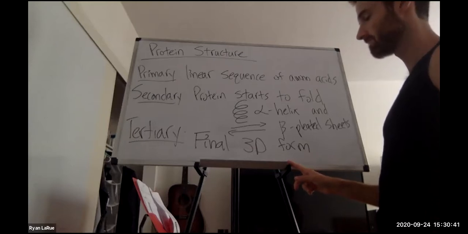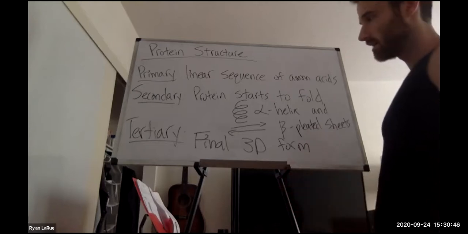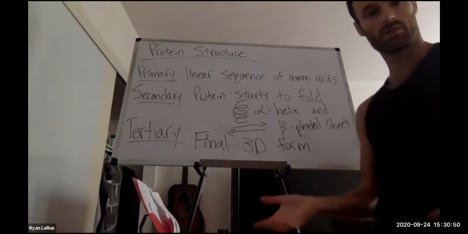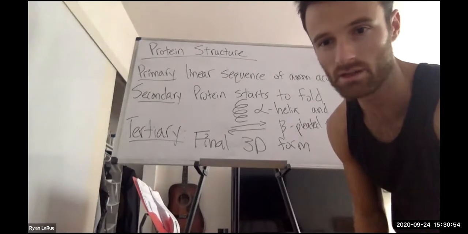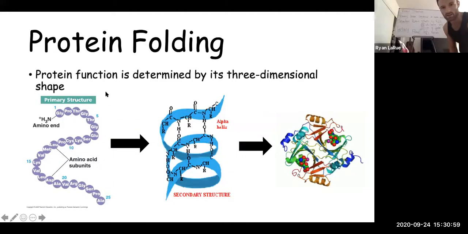And interestingly enough, as we said, the final shape is going to determine the function, right? So it all kind of comes back to that primary structure. And here you go.